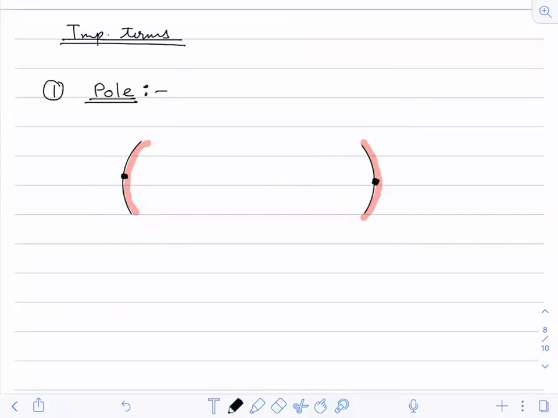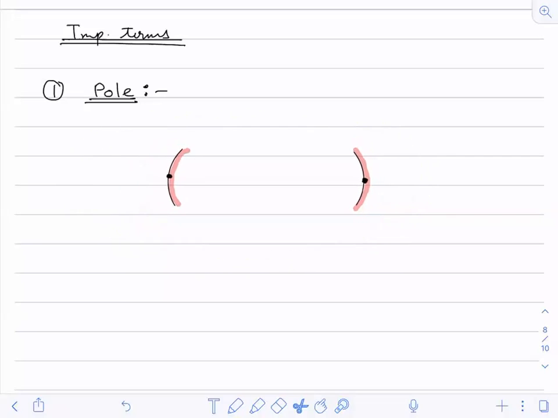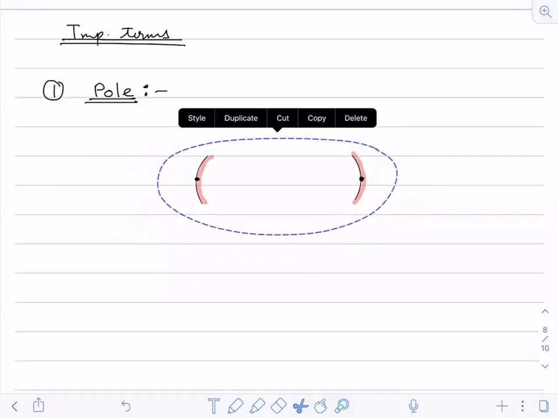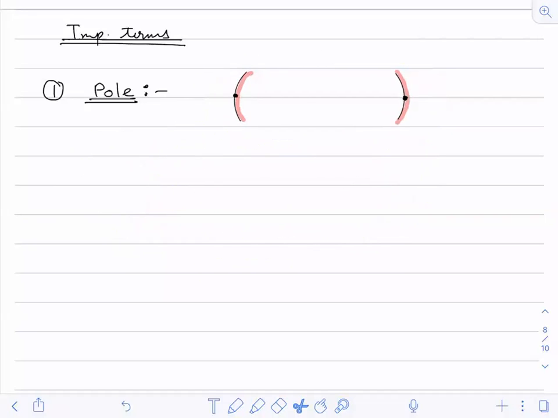These are the two points which will be called the poles of the mirrors. They are denoted by P when you draw the figure. P represents the pole. I hope you have understood this point.